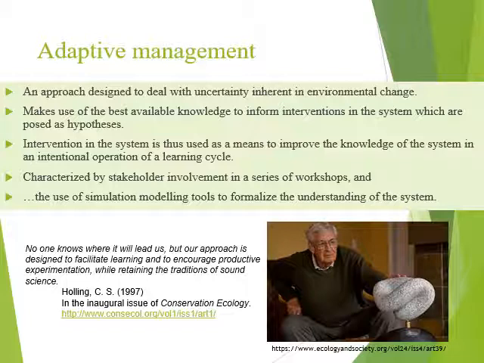We've got to manage these systems, and we know that we don't know some things, potentially a lot, about those systems. So when we do those interventions, we set them up as experiments so that we can monitor them and learn from the reaction of the systems we intervene in. We do this in an iterative process where we continue through time to develop better and better understanding of the situation and the systems that we're working with.